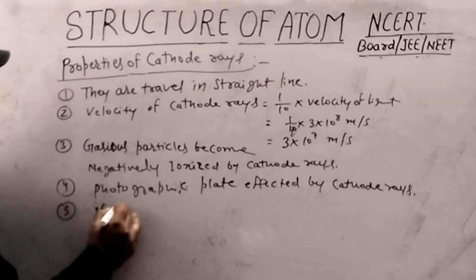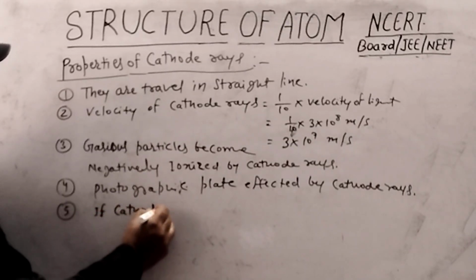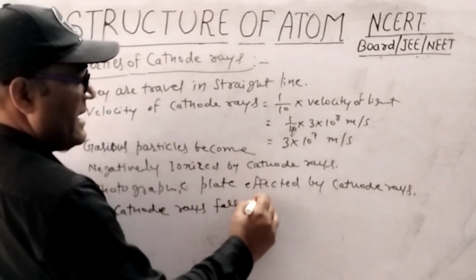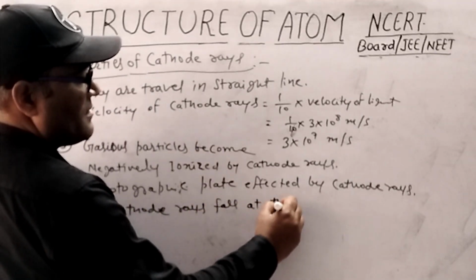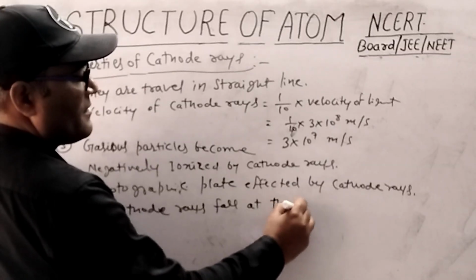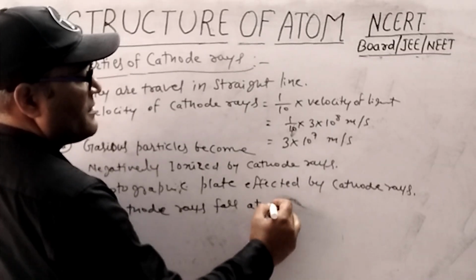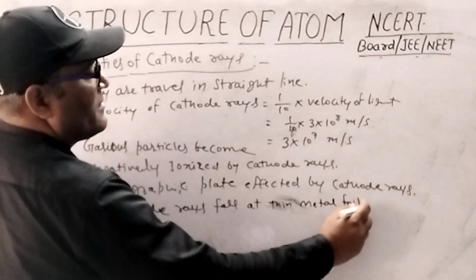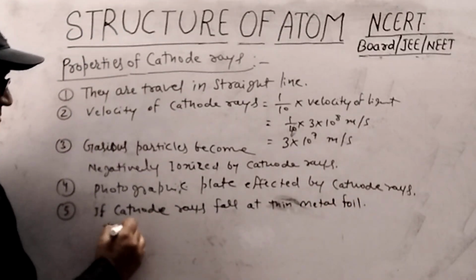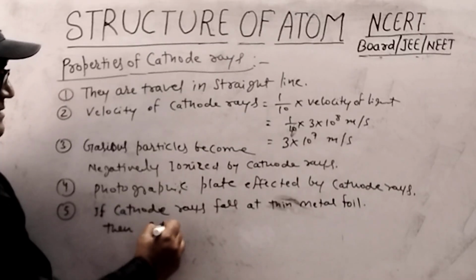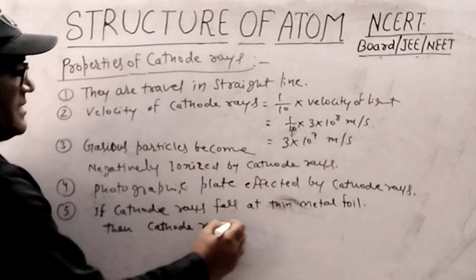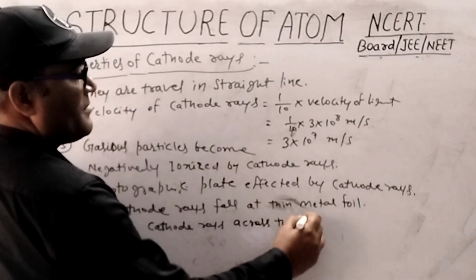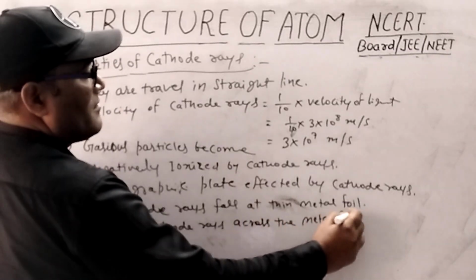If cathode rays fall at a thin metal foil, then cathode rays pass across the metal foil.